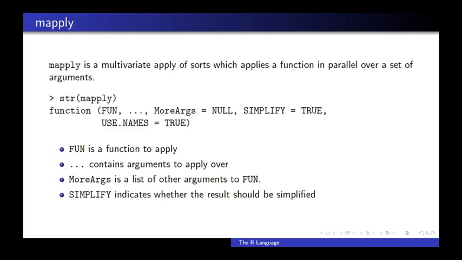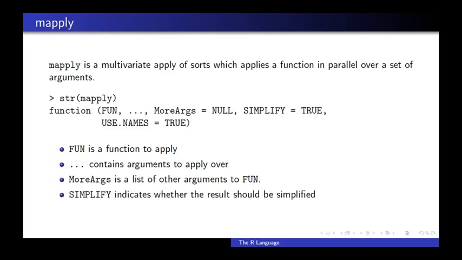The function arguments for mapply are a little bit different because it has to allow for a variable number of arguments. The first argument to mapply is the function that you want to apply, and the number of arguments that function takes has to be at least as many as the number of lists that you're going to pass to mapply.